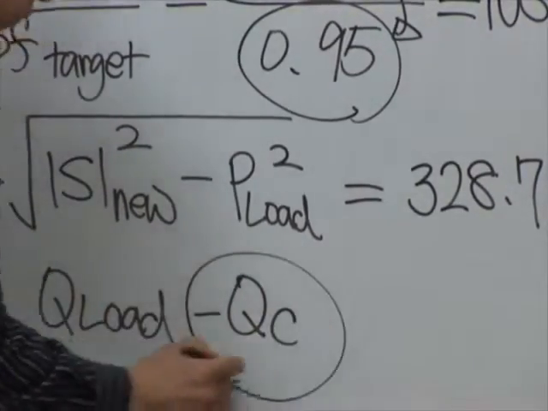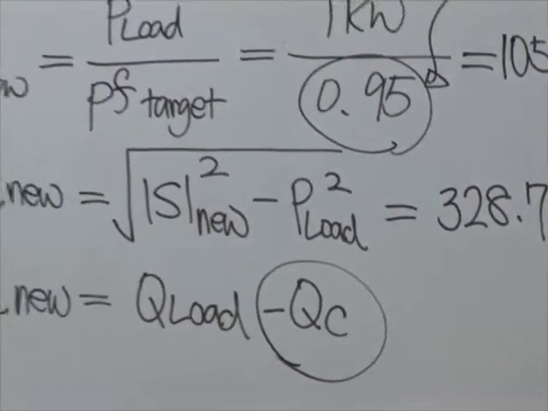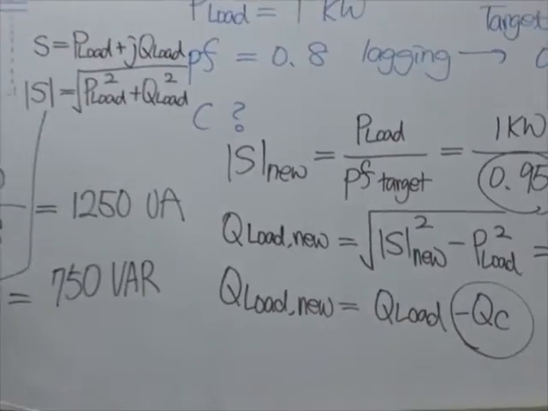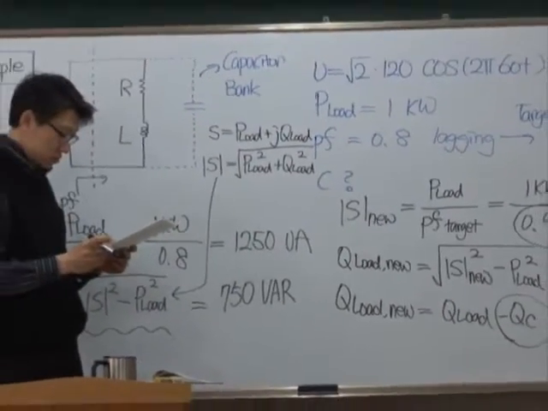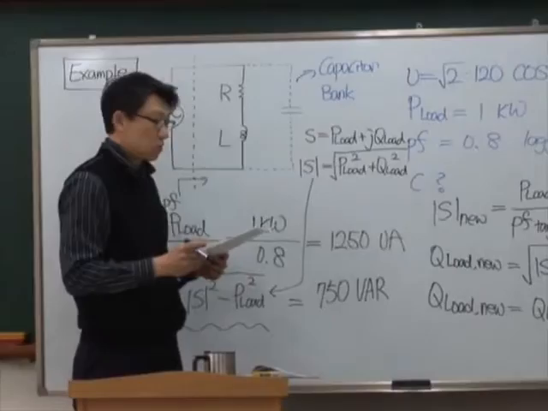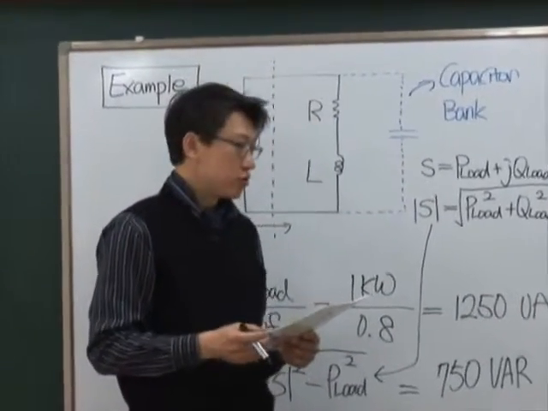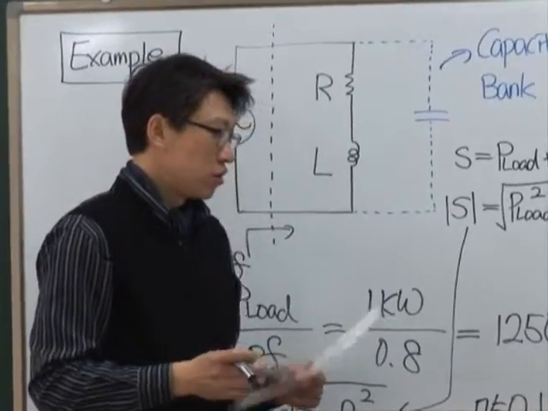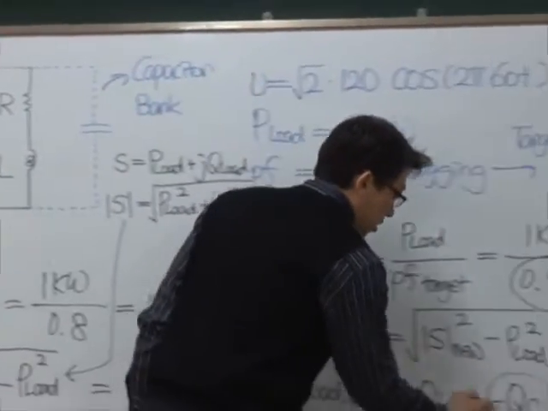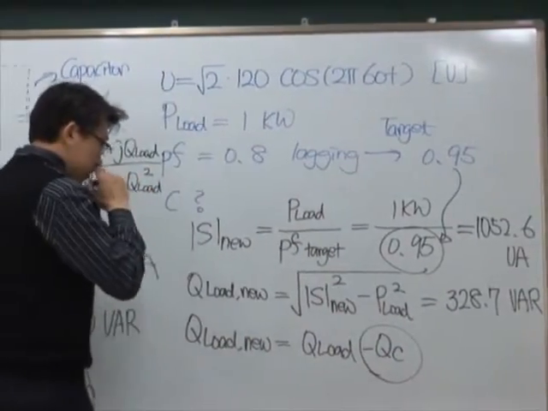Where is this coming from? Because of this capacitor bank. Right? The power is conserved. Also the reactive power is conserved. It's like we are adding more reactive power here.